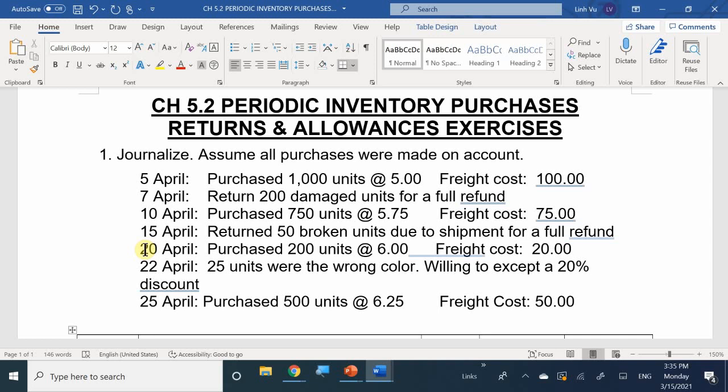Okay, so we have two purchases, right? We purchased on April 5th and we also purchased another one on April 10th. So general rule of thumb is usually, once again, when you make a purchase of inventory, you should open up the packages just to ensure that all of them are there. Obviously, if they're pre-packaged, you can't open it.